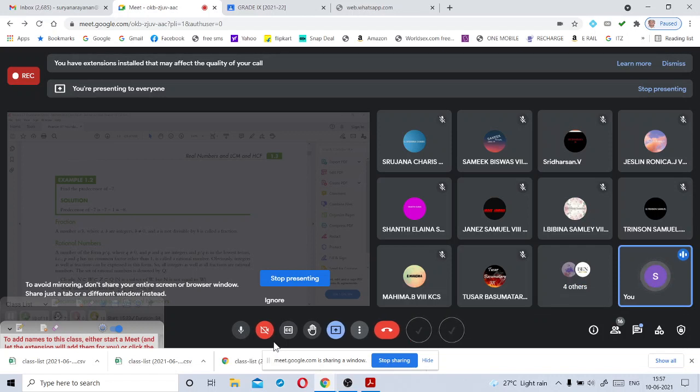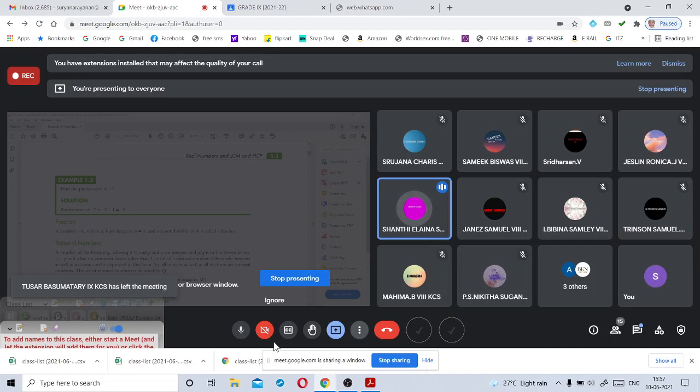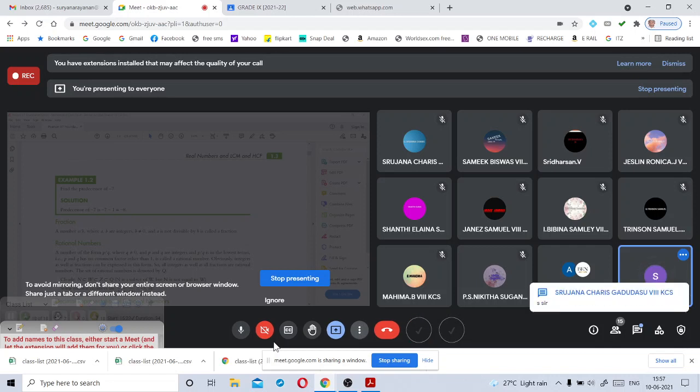Srujana, listen carefully. A part of a whole. Very good, my dear Shanti. Understood this point, my dear Srujana? Have you heard her answer? Please remember this definition. Definition of a fraction. Fraction means a part of a whole.